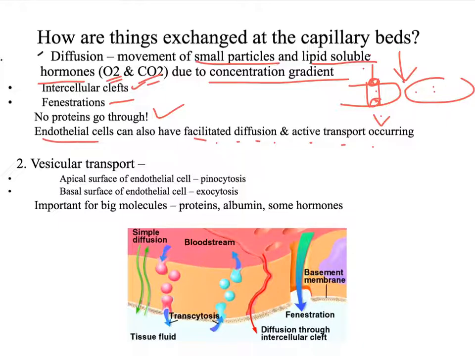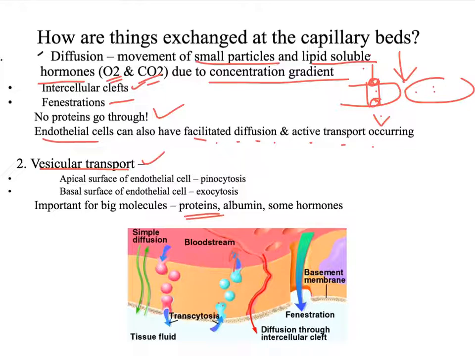Okay, the next kind of movement is vesicular transport, which is like endocytosis and exocytosis. At the apical surface, we'll have pinocytosis, where things are being taken in, and then they'll be exocytosed out. This bulk transport, or vesicular transport, is going to be really important for big molecules that can't diffuse.